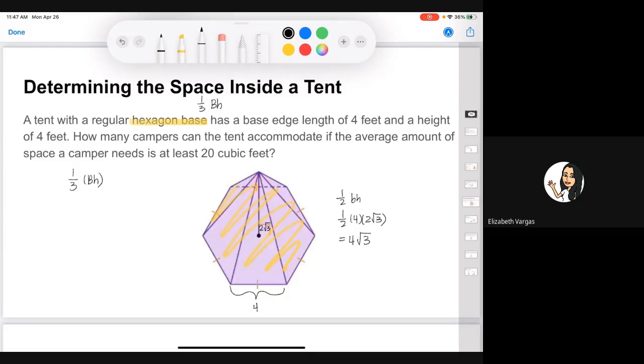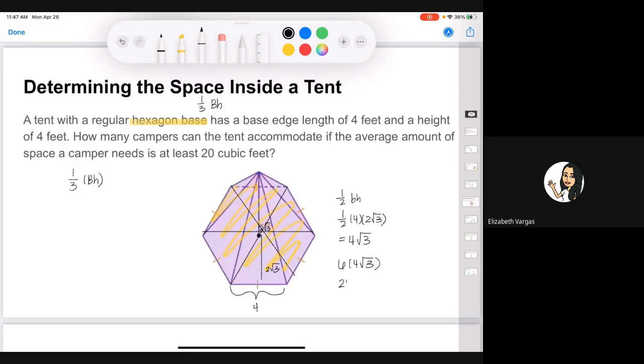Okay. And so whenever I go ahead and put this in, I still need to find my area a little further. When you look at this, what you'll see is we can create 6 congruent triangles. This is 3. And so the area of our hexagon is going to be times 6, so 6 times 4 root 3.